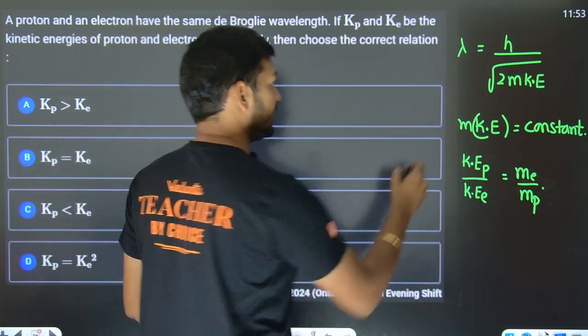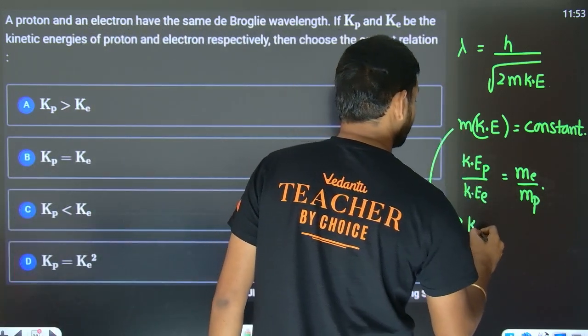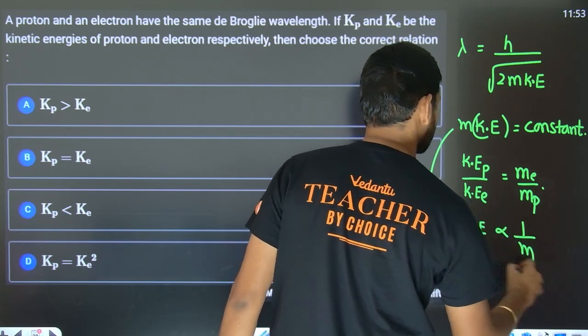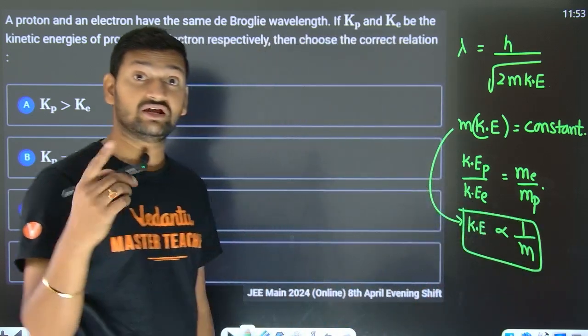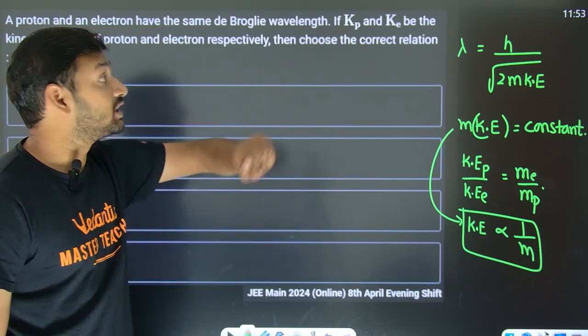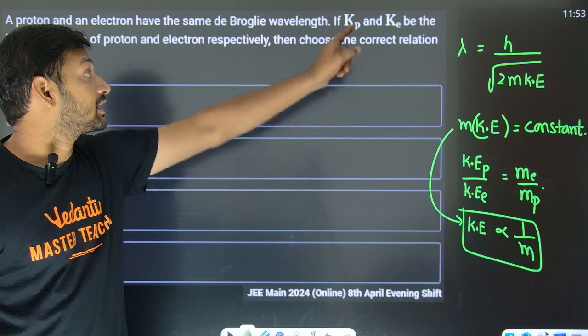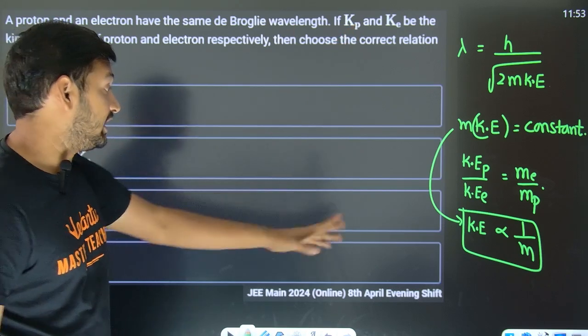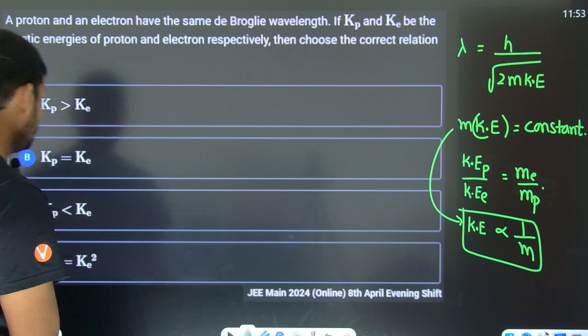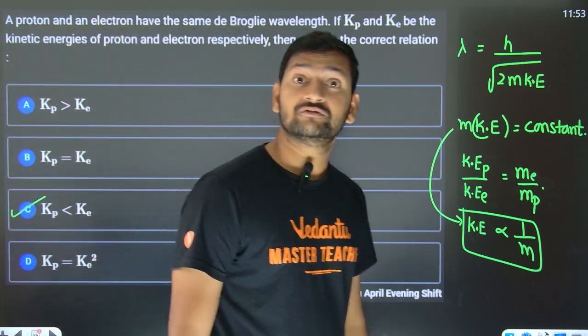Or directly, the kinetic energy is inversely proportional to the mass. So whichever has less mass will have more kinetic energy if the de Broglie wavelengths are the same. The electron has less mass, so the kinetic energy of the electron will be more than the kinetic energy of the proton.